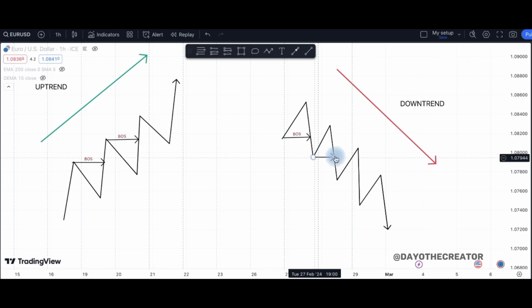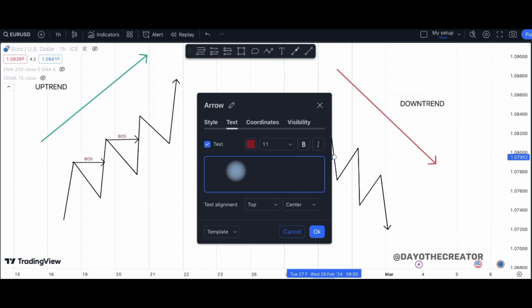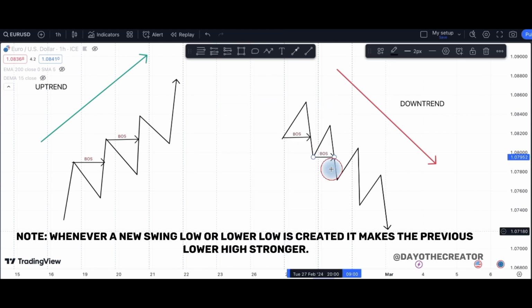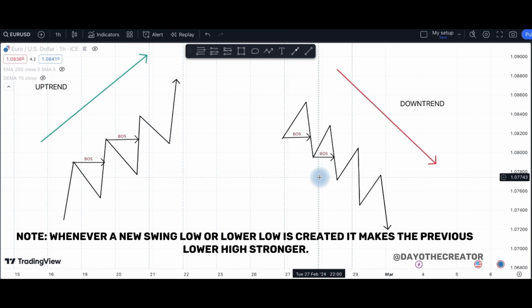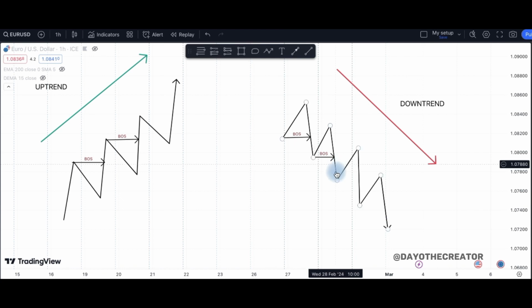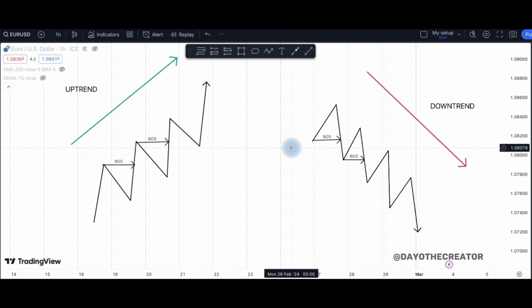So when we have a swing high, swing low, swing high, swing low, this is a break of structure scenario. Creating another new lower low is a break of structure. Let's just keep this one in mind.